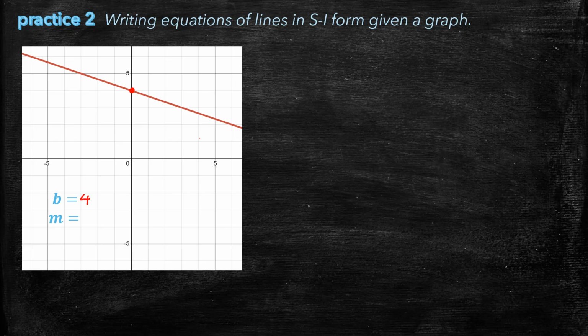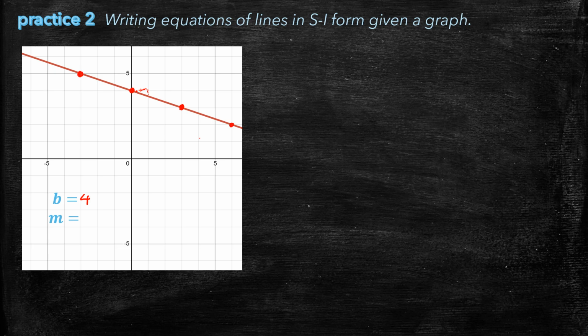Now the slope, it's important to pick good points to find the slope. So don't think about, oh, go over 1 and go down a tiny fraction. That's really going to be hard to accurately guess. So go to the next available point that lies at the intersection of the grids, and we can see, does that look about right?